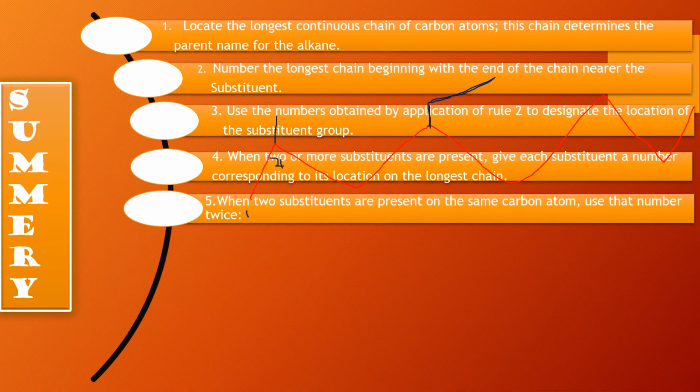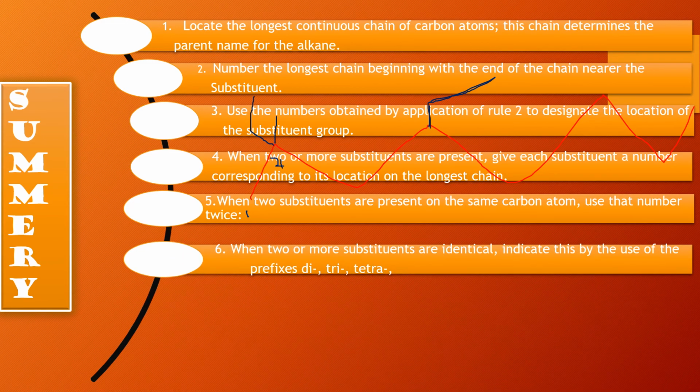The fifth point is when two substituents are present on the same carbon atom, use that number twice, right? Let's suppose at this position one ethyl group is also present, so we will use this number twice, right? 2 methyl, 2 ethyl, like that.